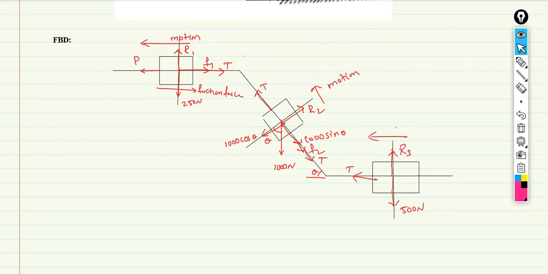Assume motion to the left, because we are assuming the first body is moving left, so automatically all the bodies move in the same direction. Then the frictional force F3 acts opposite to it. So this is the given data, and this is the free body diagram.